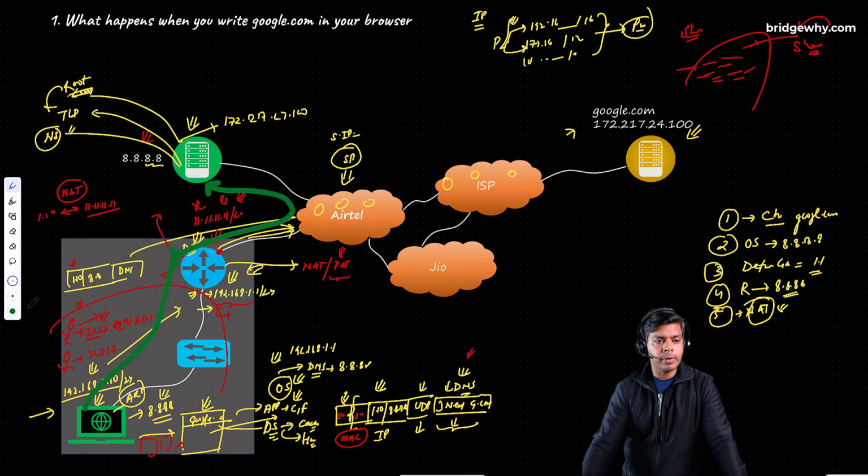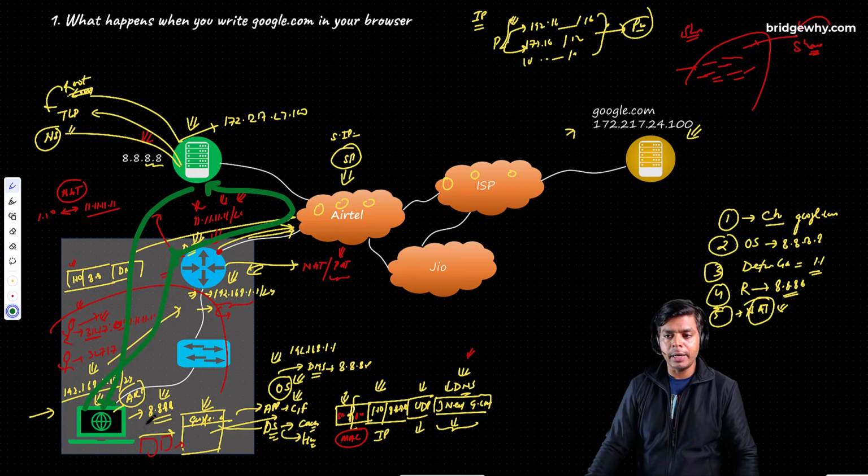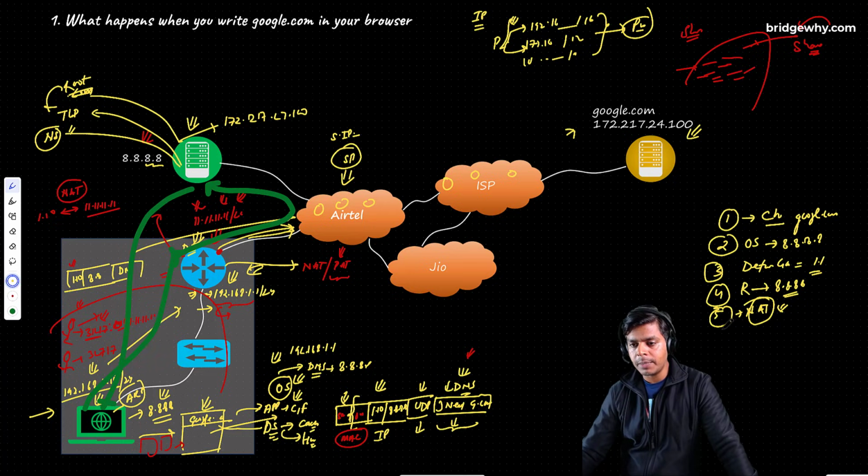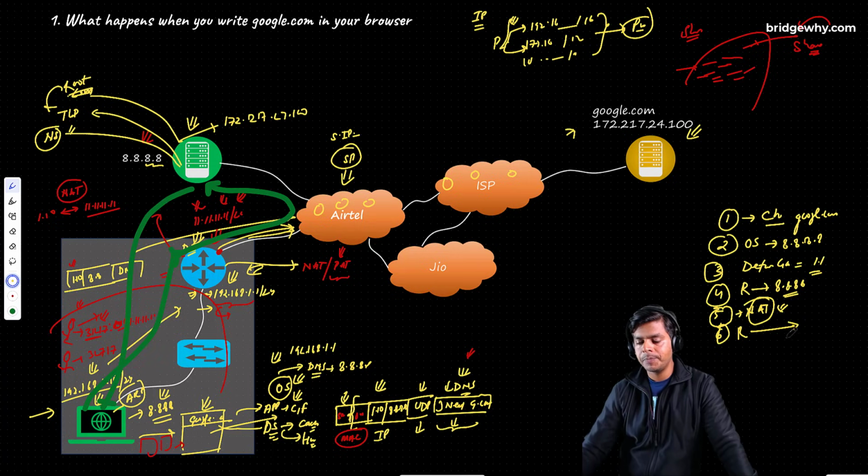Now this guy will reply with this IP address to this machine, and now my problem of getting the IP address from the name is done. From step number 6, your resolver will be sending back the IP address of google.com.